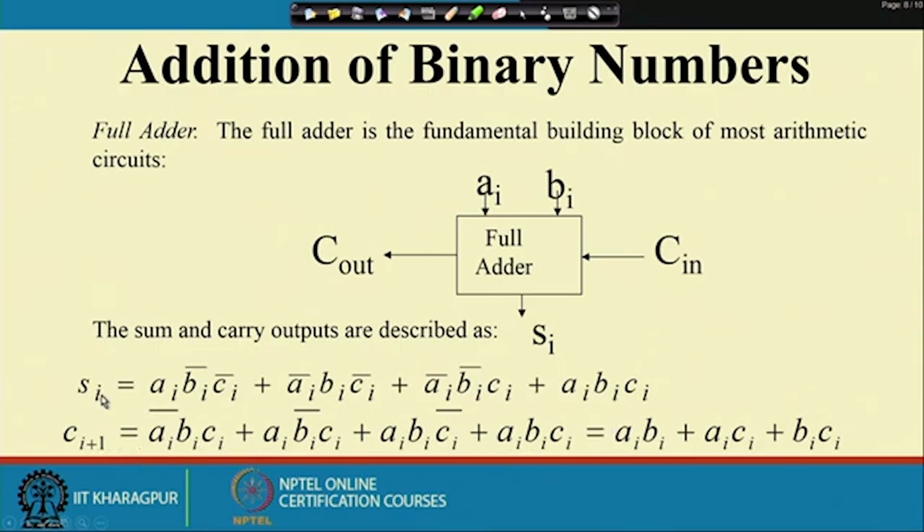The sum, if I simplify this logical expression, is nothing but Ai XOR Bi XOR Ci, and Cout is Ai Bi plus Ai Ci plus Bi Ci. That means AB plus BC plus CA.